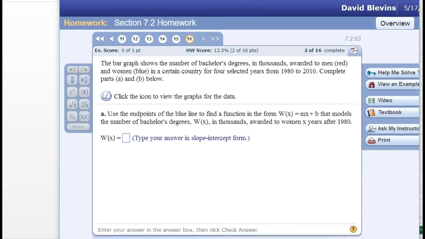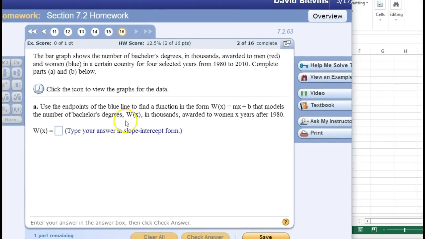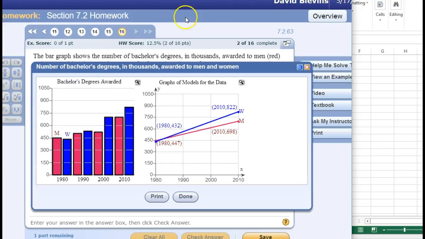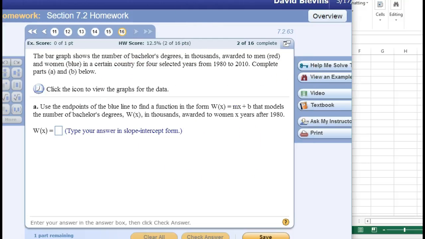Now, before I go on, it's really important we see this. This is in thousands awarded to women. X is years after 1980. It's very important that we see that part. This is in thousands, and this is years after 1980 instead of 1980 itself.